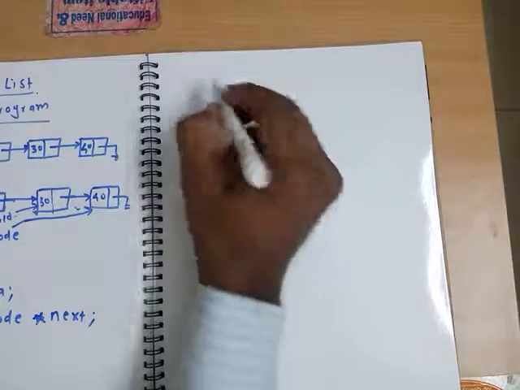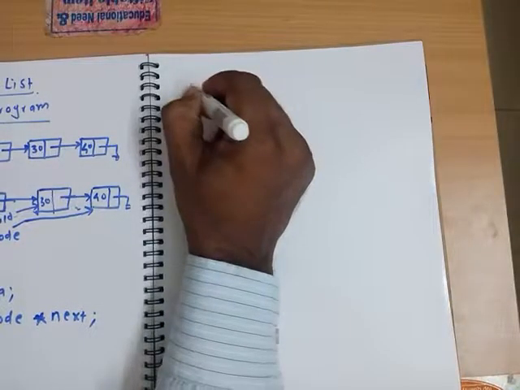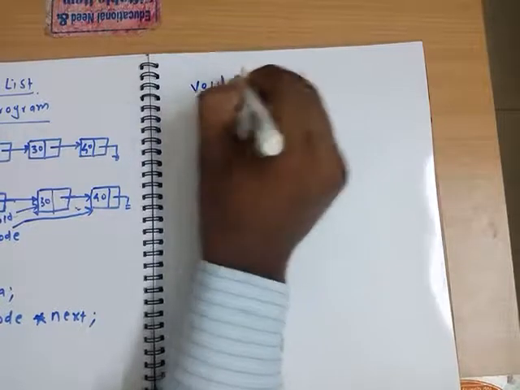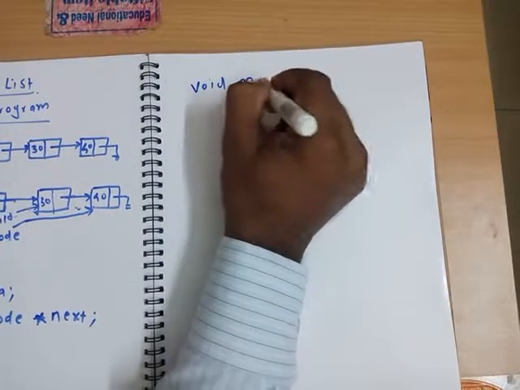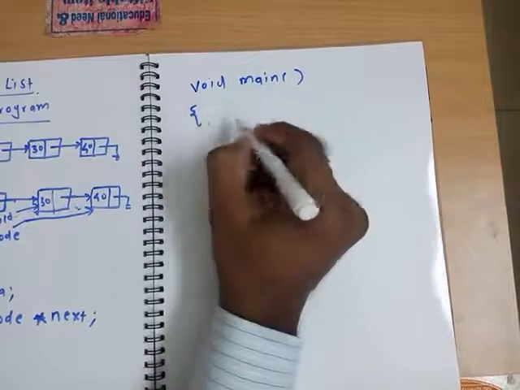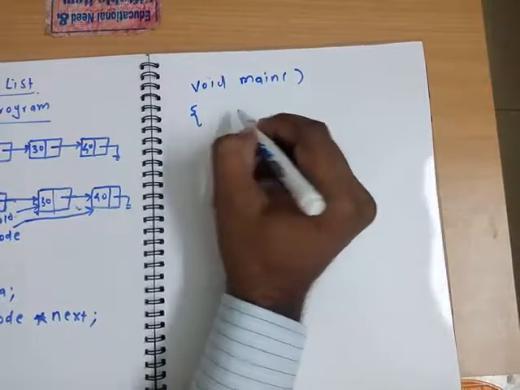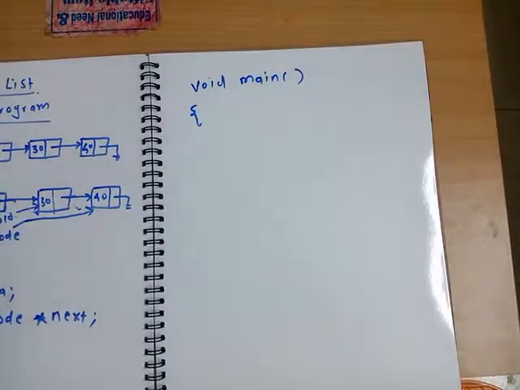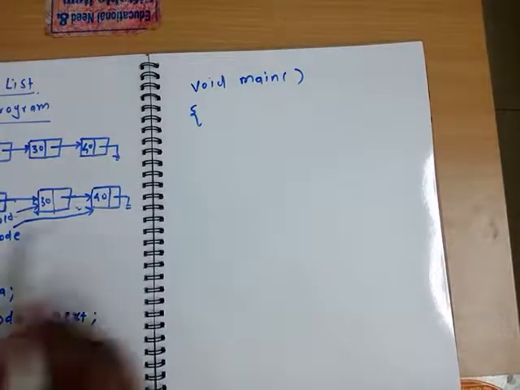Now let's write the main function, and we will create the linked list in main only. So here is our main function, void main. As we saw here, we are going to need 3 pointers of struct node type.